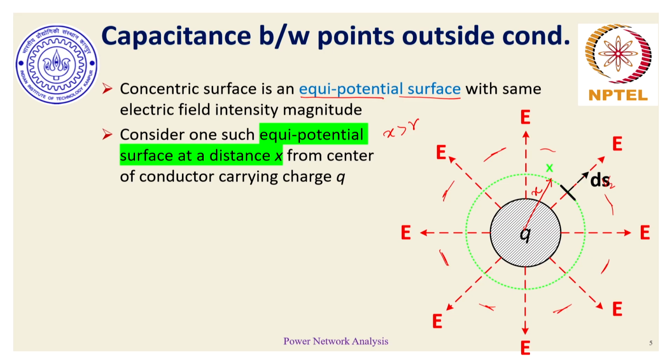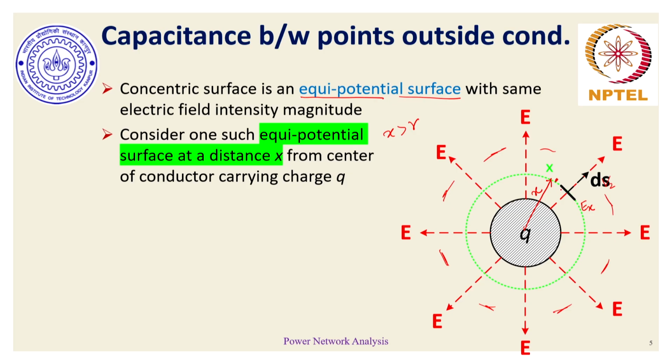We want to find the electric field intensity at this surface, if we know the quantum of E at a distance x from the center of the conductor. Then we can also find the corresponding value of the potential, again with respect to some reference. That is the basic idea. So we want to find the value of E of x at a distance x from the center of the conductor.